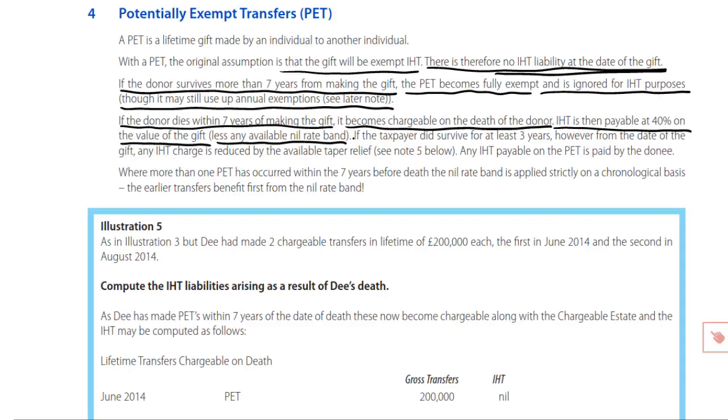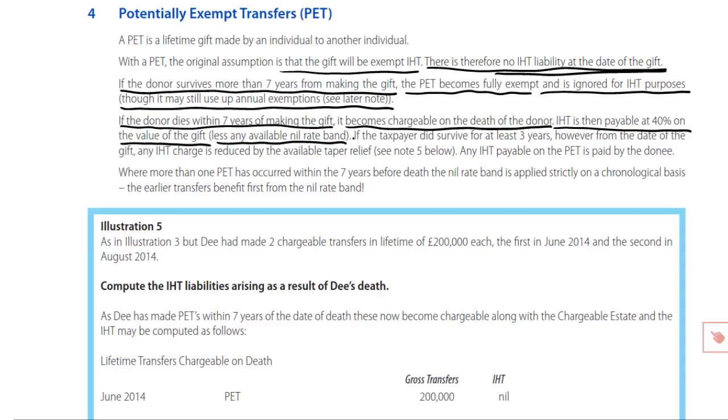Now, in that previous illustration 3 that we had, we saw that in that situation, their only lifetime transfer that occurred was a potentially exempt transfer, but it was only £200,000. And that meant that it was fully consumed by the available nil rate band of 325, so there was no tax to pay.